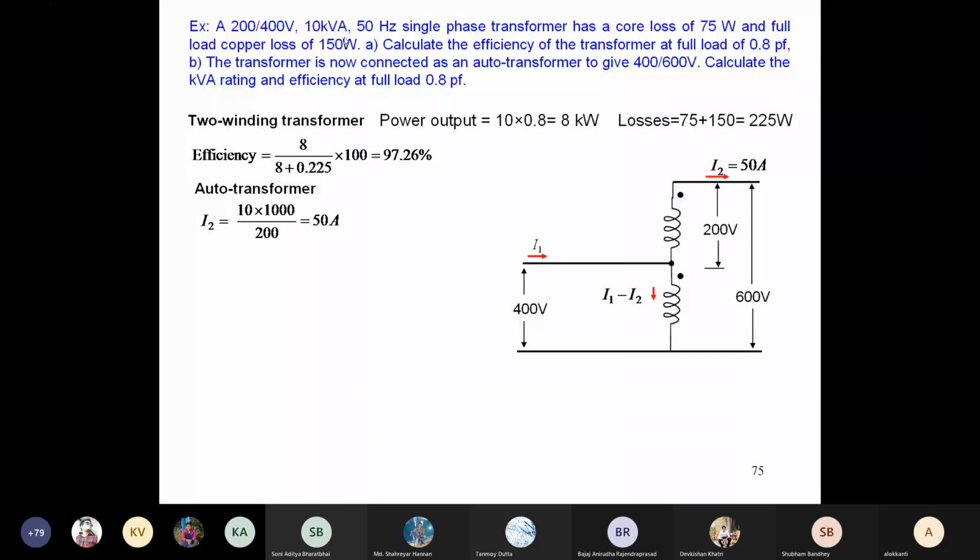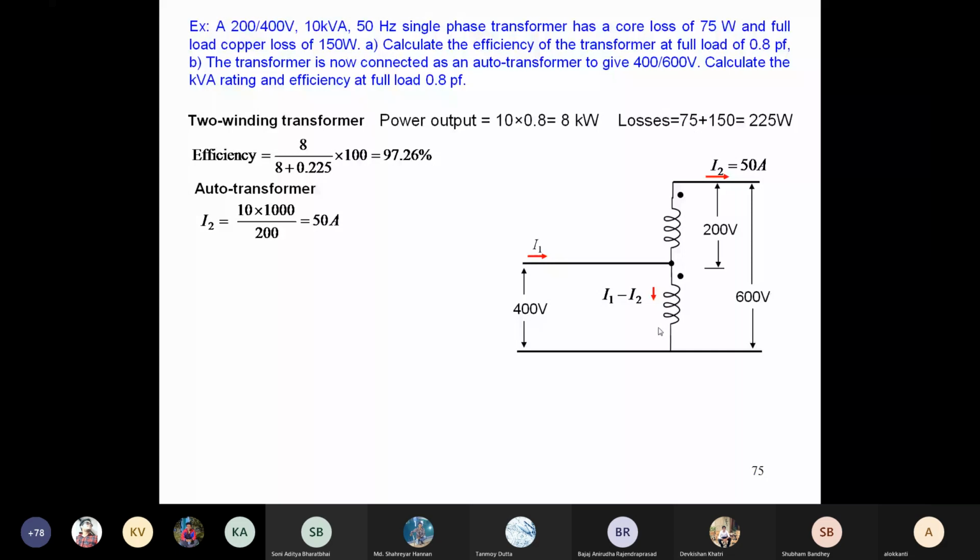Similarly, what is I1? I1 will be known from the lower coil, whose voltage is 400 and which was originally part of the two-winding transformer with a 10 kVA rating.